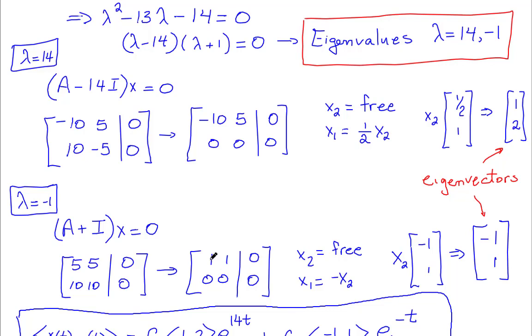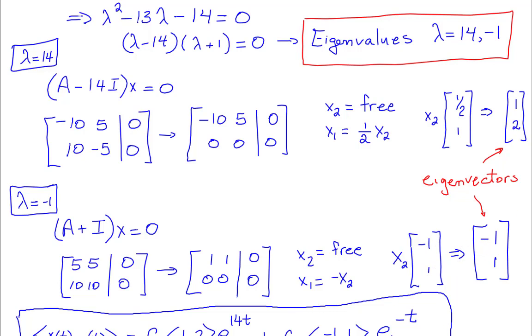And so I get 1, 1, 0 and all zeros, which says that the x2 variable is free, x1 is minus x2. So rewriting that, that's x2 times minus 1, 1, giving me this eigenvector.